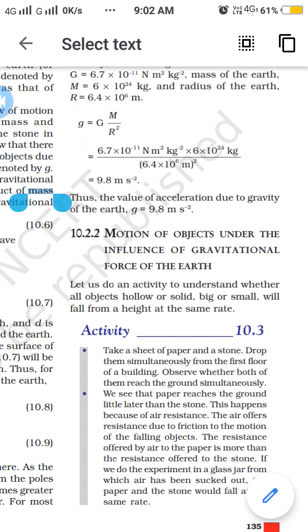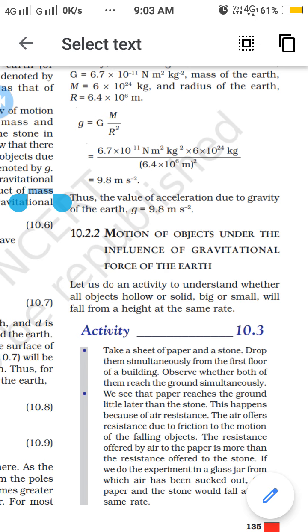So we should put in the values of capital G, capital M and capital R. The universal gravitational constant capital G has the value 6.67 into 10 raised to minus 11 newton meter square kg raised to minus 2. Capital M is the mass of the earth, 6 into 10 raised to 24 kilogram, and the radius of the earth, capital R, is 6.4 into 10 raised to 6 meter.